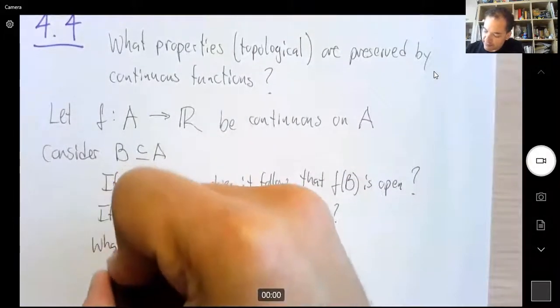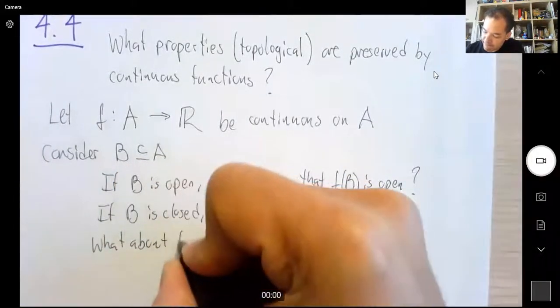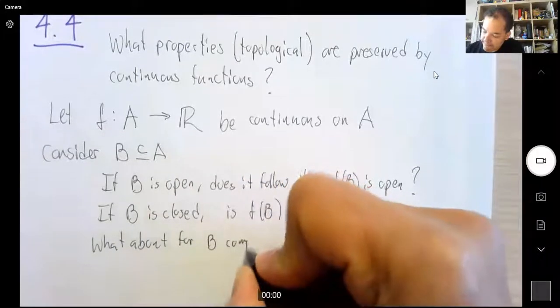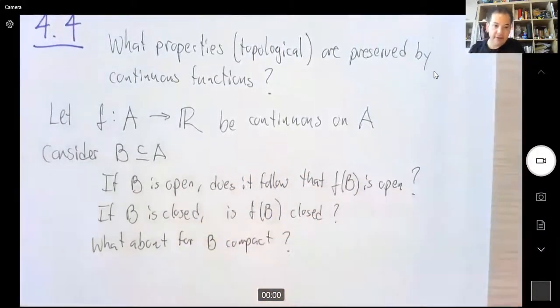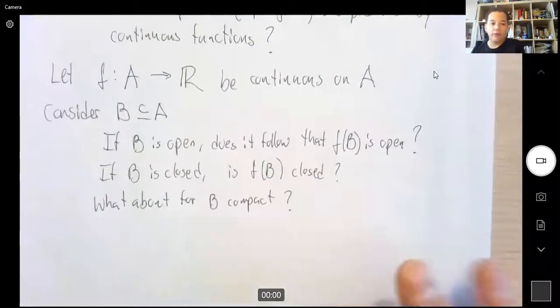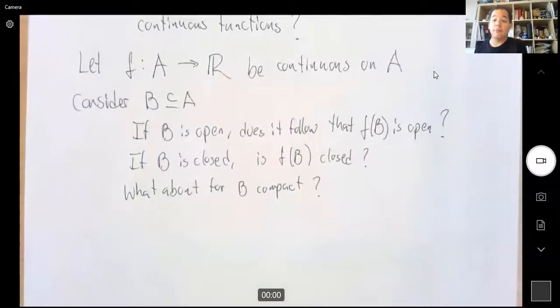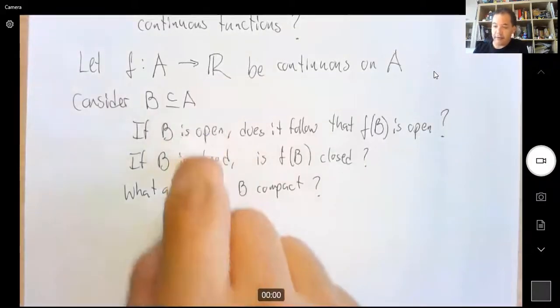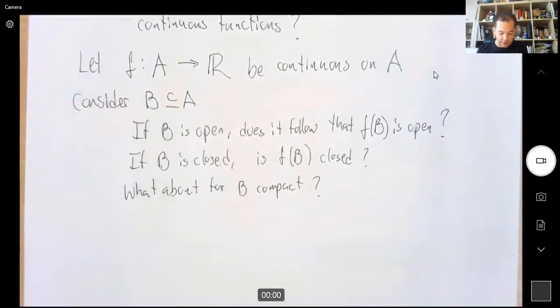What about compact? Those are the questions we want to go through, right? What properties are preserved by continuous functions? So let's start talking a little bit about the first two, right?